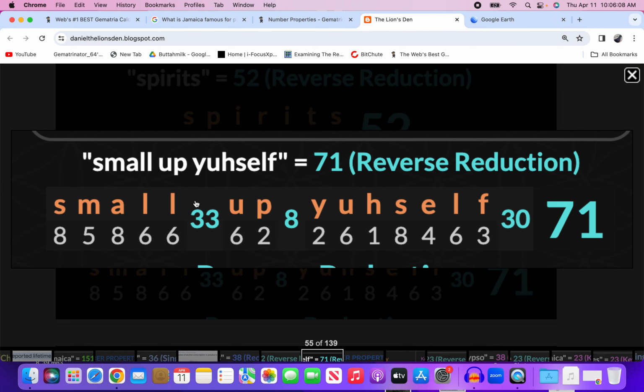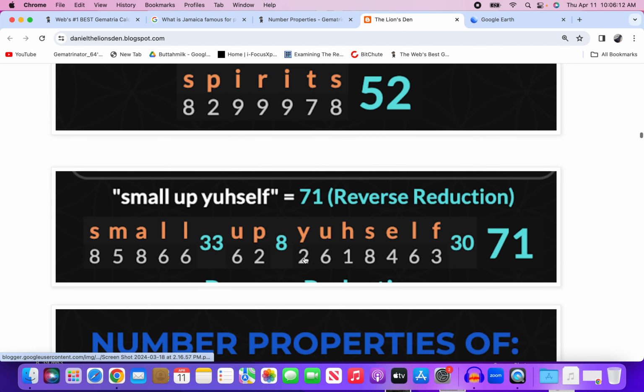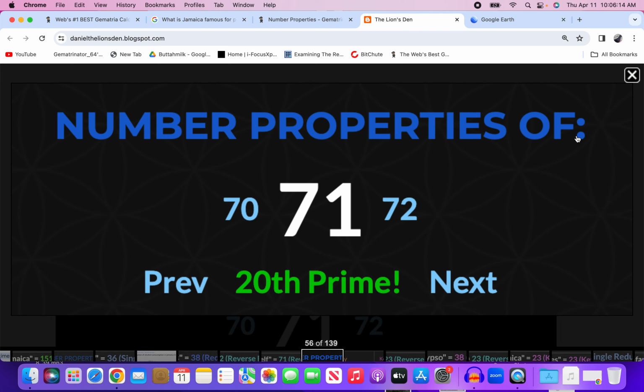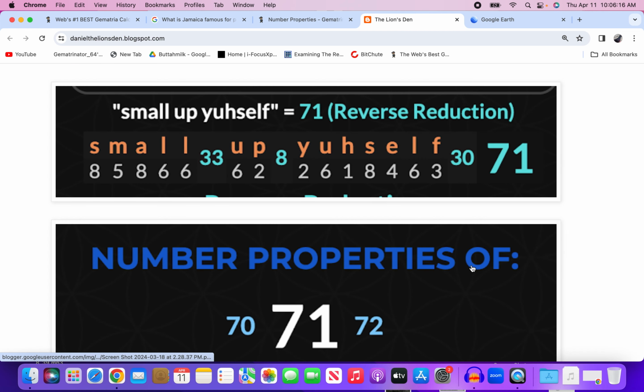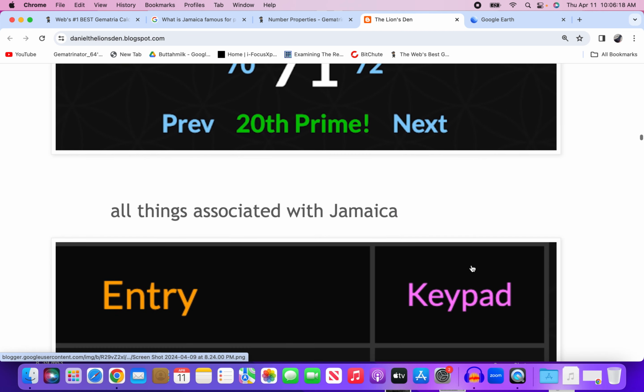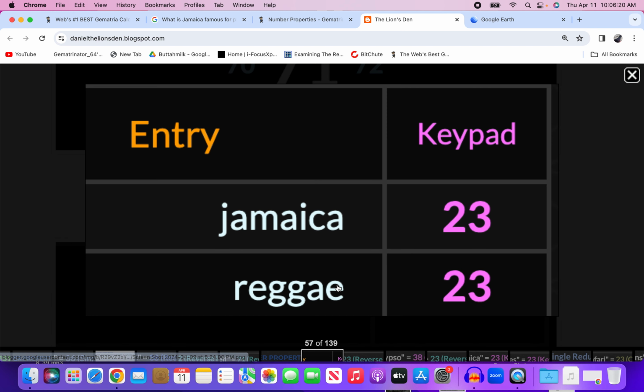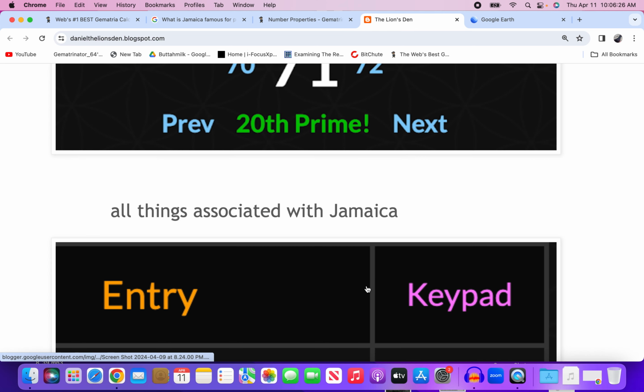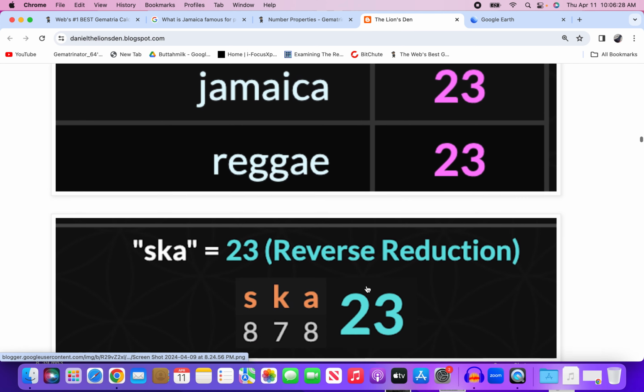So this is a saying in Jamaica: small up yourself equals 71, which is the 20th prime number. Jamaica equals 20. So all things associated with Jamaica: Jamaica and reggae, both 23. Interesting. Known for the reggae.